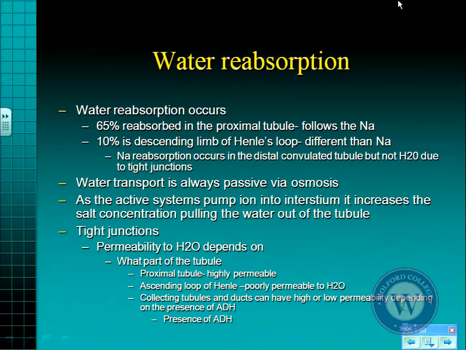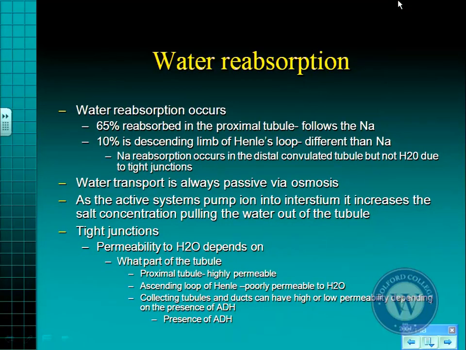It doesn't work in the proximal tubule. It actually increases the permeability of the tubule to water. So when the water gets into that section, it gets pulled back into the cells, back into the interstitium. Okay, so what happens to the urine? It concentrates. Okay, so be very careful about the wording.